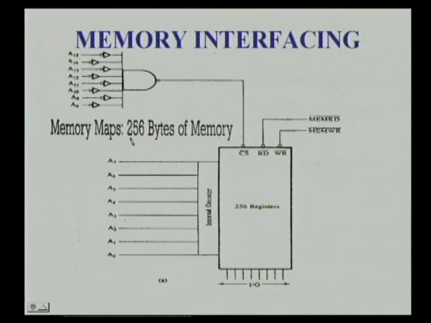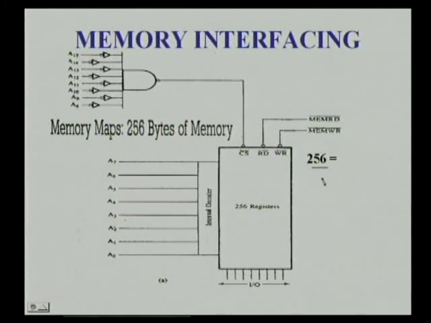Now, let us take this simple 256-byte memory chip and see how we interface it. Since its capacity is 256, it can store 256 bytes, that is, it has 256 internal registers. To identify each and every register, we need 8 address lines. To calculate how many address lines are required to identify a particular memory location, we can follow this way.